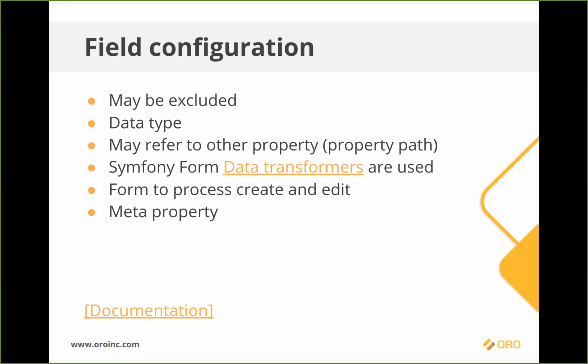So you might create a different name in the API and then just map it with the property path to yours. And data transformers are used here. So if you are familiar with the Symfony form data transformers, here is the same thing. So you can change the data that is stored and the data that is presented to the user. And we can have meta property, which also is part of the practice.